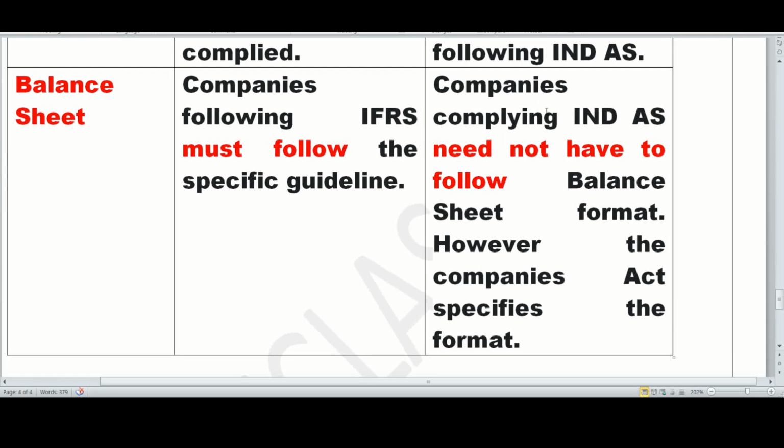They do not have to disclose that they have followed the balance sheet as per Ind AS. However, the Companies Act 2013 has come out with a specific format of balance sheet, how the things are to be disclosed in the balance sheet and statement of profit and loss.